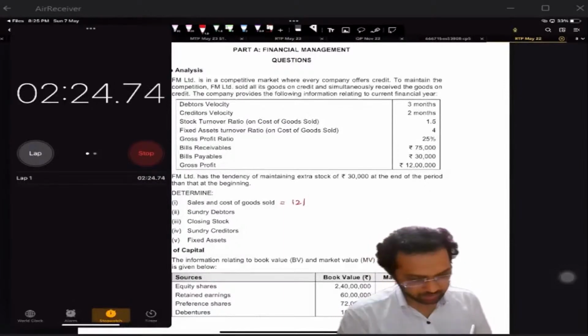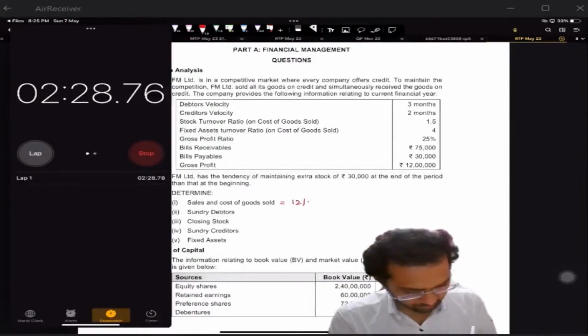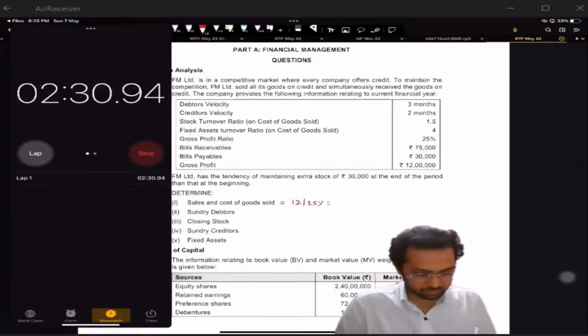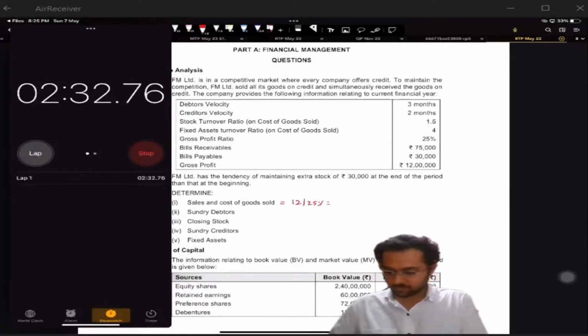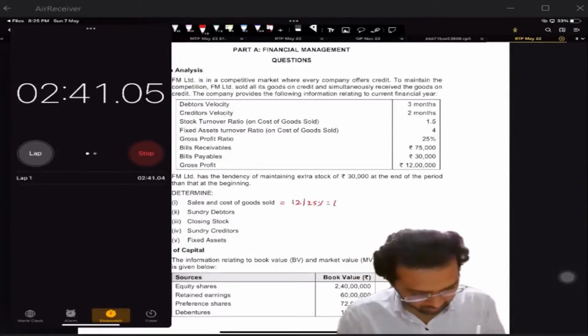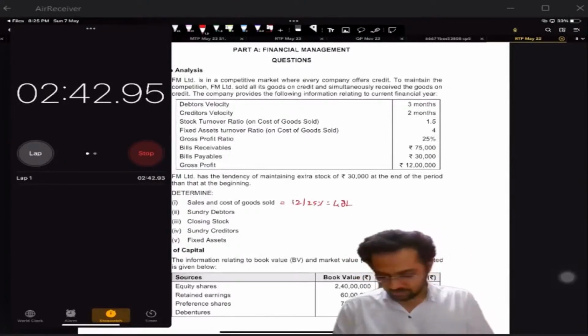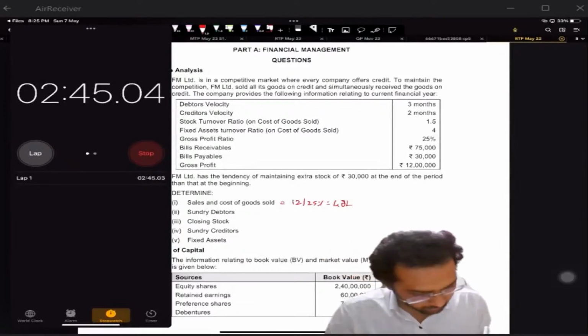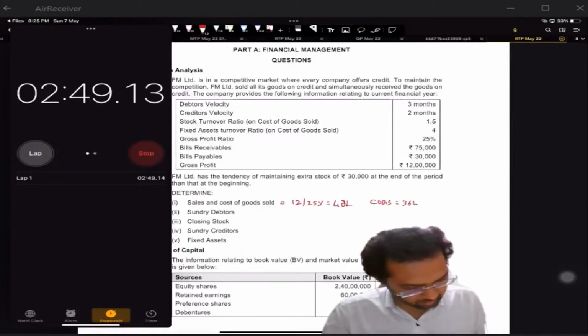12 lakh divided by the GP ratio of 25%. So 12 divided by 25% should be your sales figure, which is 48 lakhs. From that, if you subtract 12, your COGS is 36 lakh.